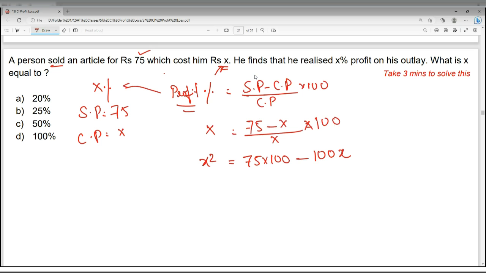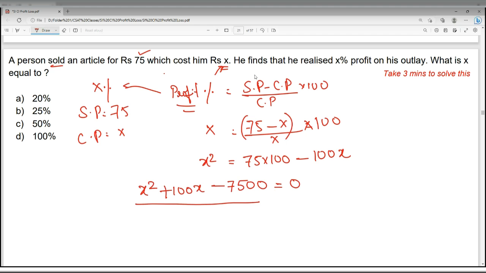So I've multiplied this here, this is X square, and then I've opened the bracket here. 100 into 75 is 75 into 100 minus 100 into X. Now I bring all this to one side: X square plus 100x minus 7500 is equal to 0.